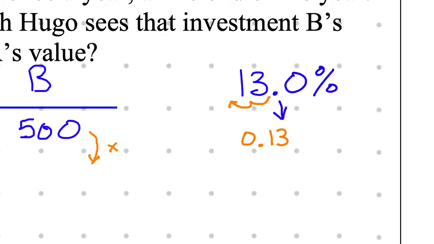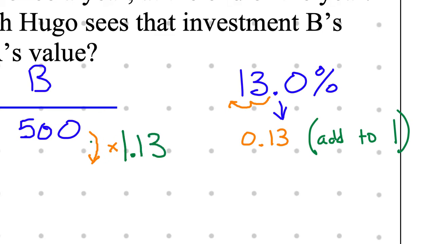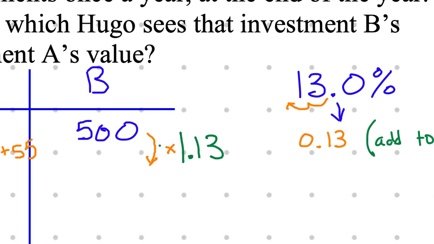Again, you always have to add this to 1, so I'm really multiplying by 1 plus 0.13, or 1.13. I'm going to have to multiply every single time, and it's not a very nice number, so we're going to have to use a calculator.